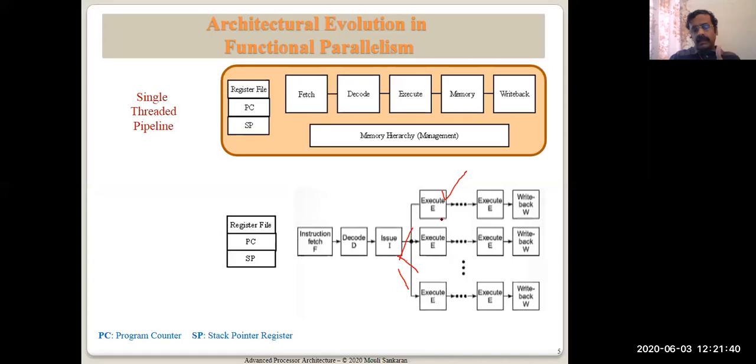Now, the fact that these execution units are starting off at different points in time and executing different instructions, which take different numbers of cycles to complete, what you see coming out of these execution units are completed instructions at different points in time. So we are issuing the instructions in order, the way they came in, and getting the execution completed out of order. Now we need to make sure that the program order is maintained, the consistency is there, correctness is assured.